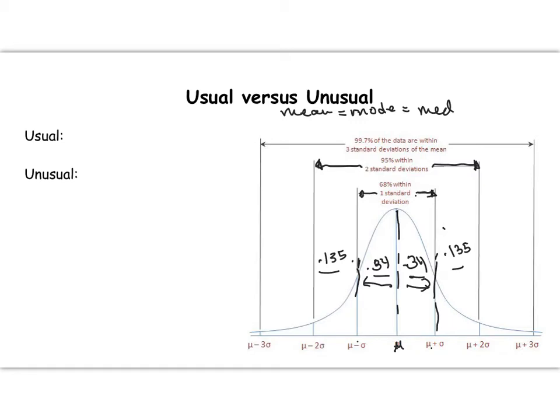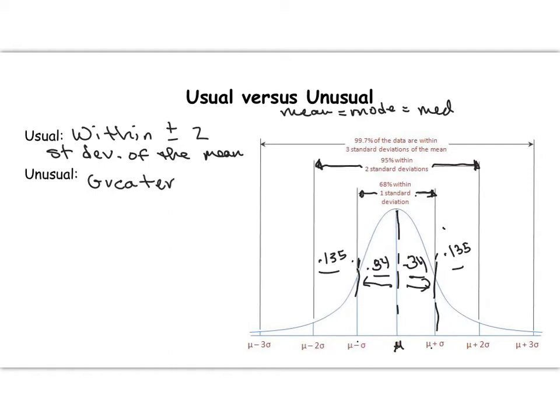And you'll probably have heard the saying that anything within 2 standard deviations is normal and anything outside of that is unusual. So usual is within 2 standard deviations of the mean, and unusual is anything greater than 2 standard deviations away from the mean.